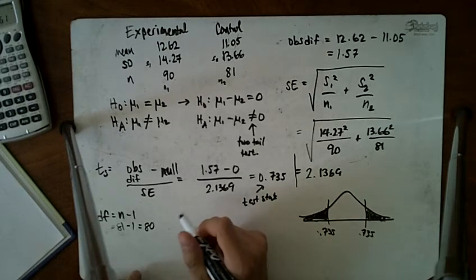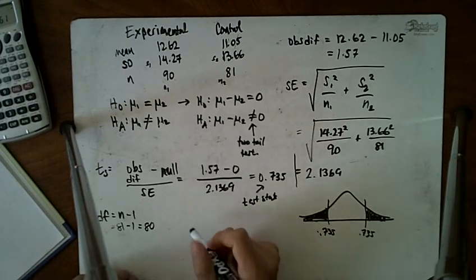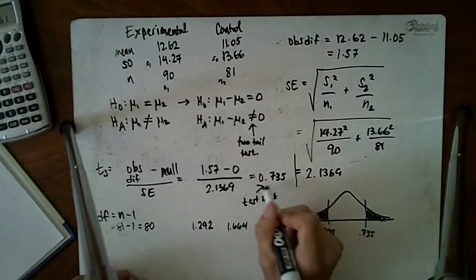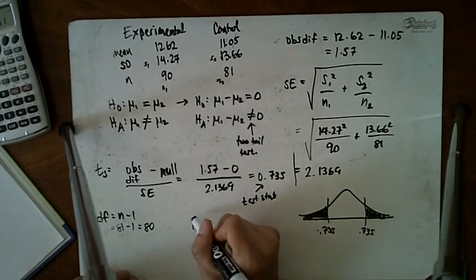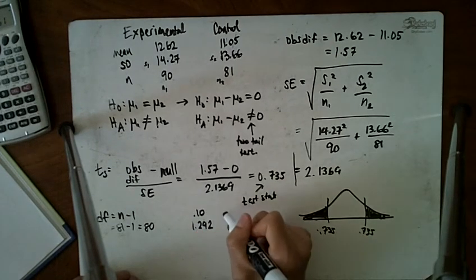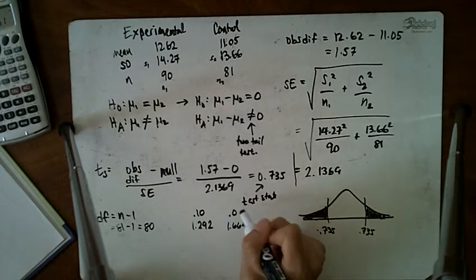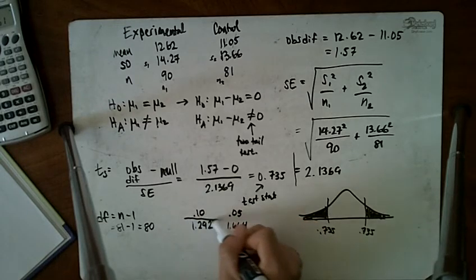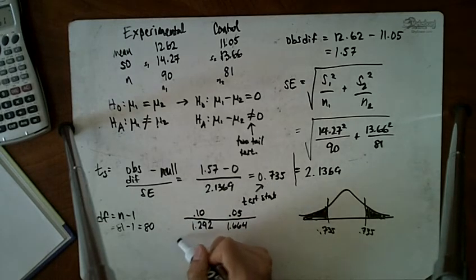With 80 degrees of freedom, the first number that shows up is 1.292, and then the next number is 1.664. So 1.292 corresponds at the top to a tail probability of 10%, and 1.664 corresponds to a tail probability of 0.05.